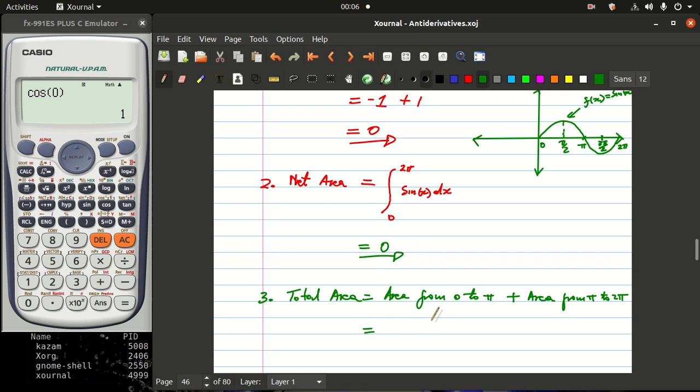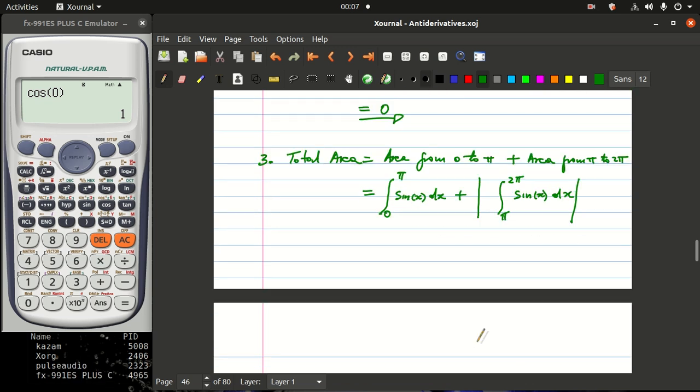So this is going to be the integral from 0 to pi of sine of x dx, plus, because this one is negative, I want to take the absolute value of that area from pi up to 2 pi of sine of x dx, because this one I know for sure is going to be negative. That is what is important here, because I want to end up getting a positive thing.